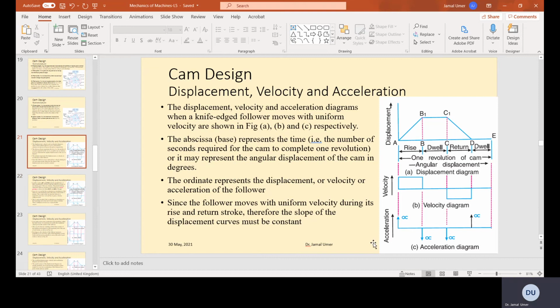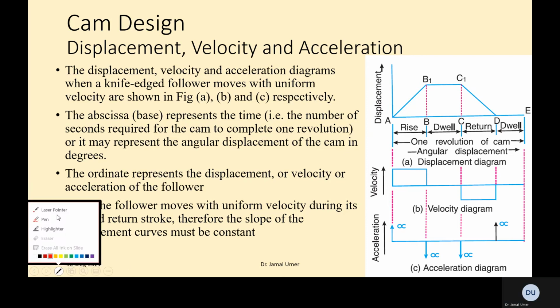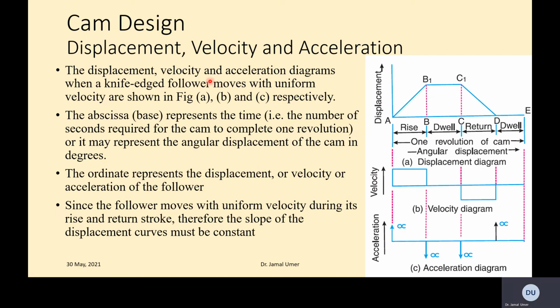All right, so very briefly, displacement, velocity, and acceleration for a cam design. The displacement, velocity, and acceleration diagram when a knife edge follower moves with uniform velocity is shown in figure ABC. These three diagrams show displacement, velocity, and acceleration.